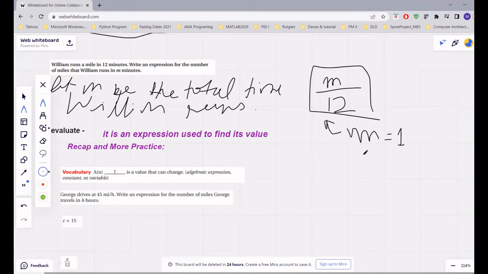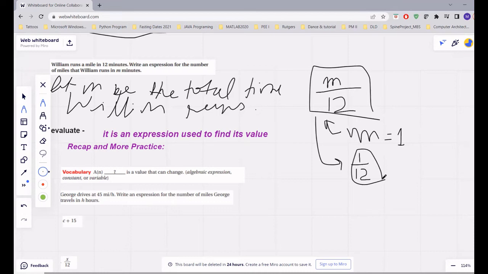So now if we substitute 1 for m, this expression becomes 1/12. And this is how you evaluate.